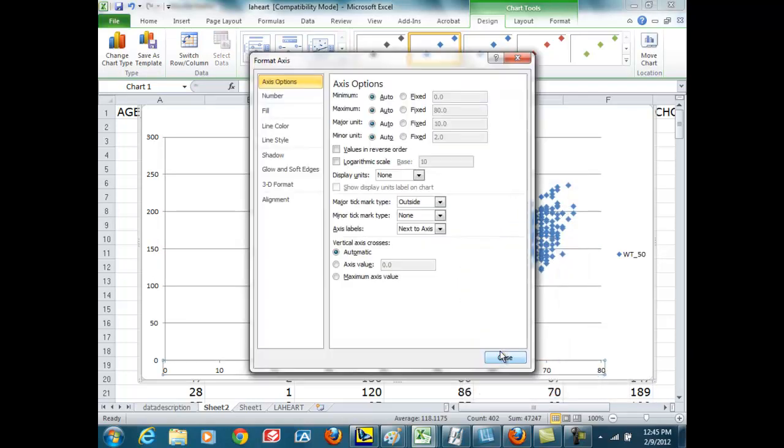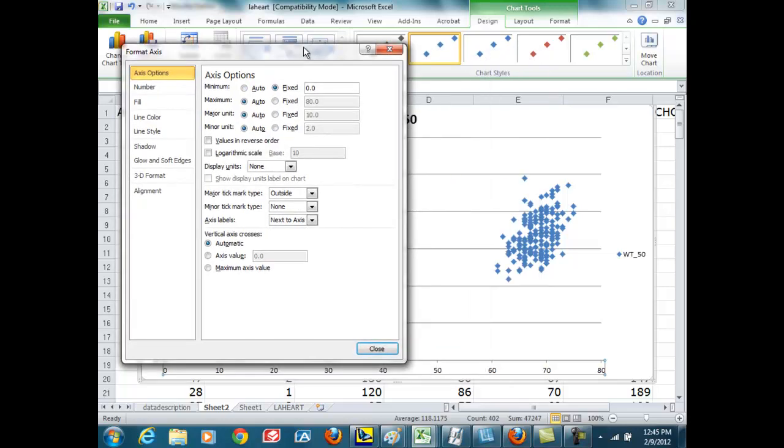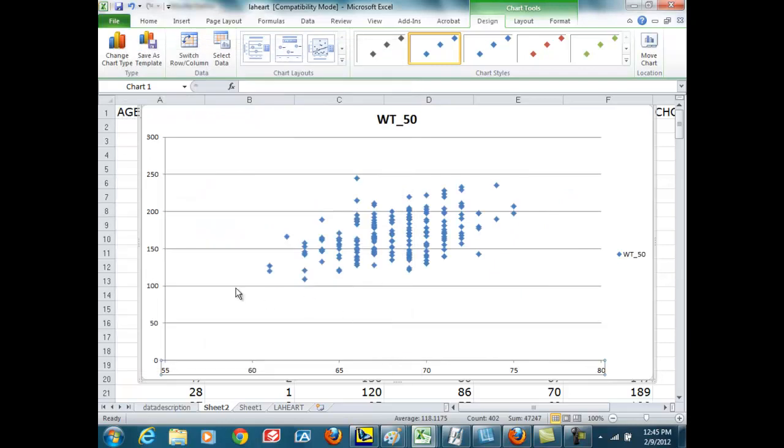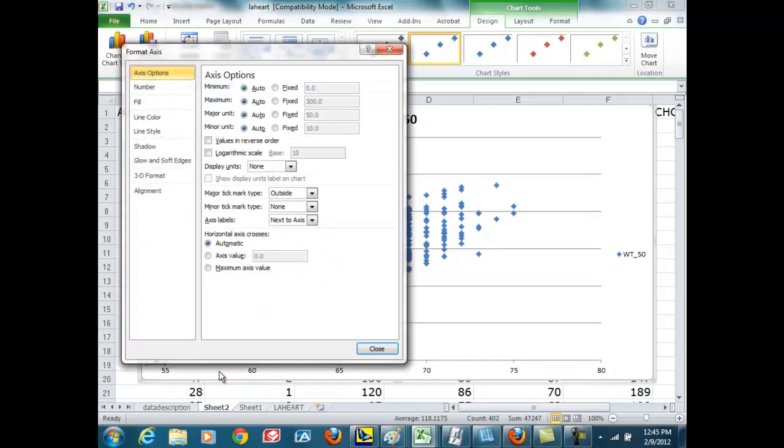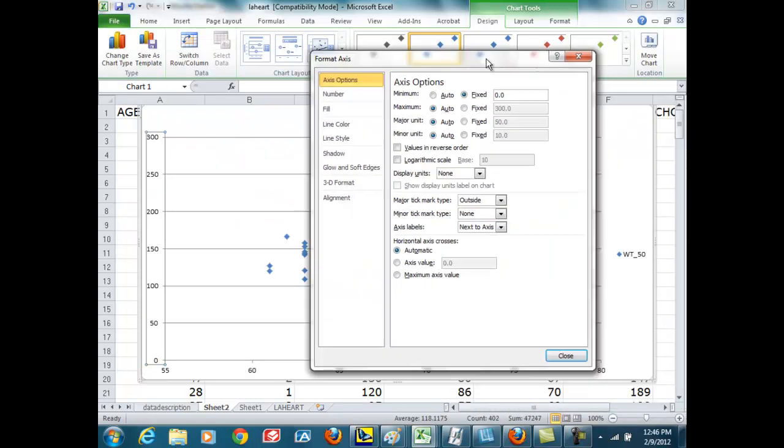Yeah, here is axis, right? So I think we have heights. Nobody is shorter than 55 inches, so we'll change it that way. And here, nobody lighter than 100 pounds, so let's change it to 100.